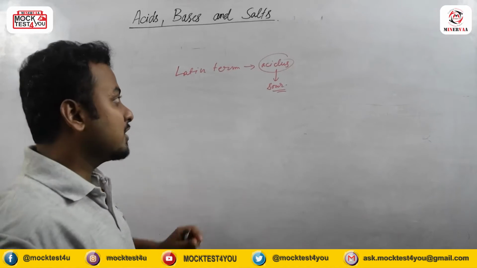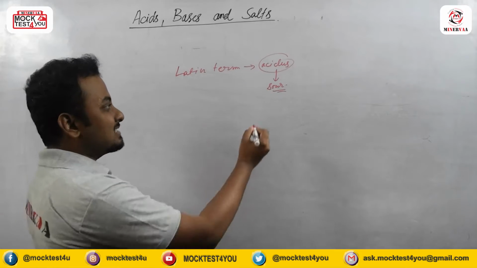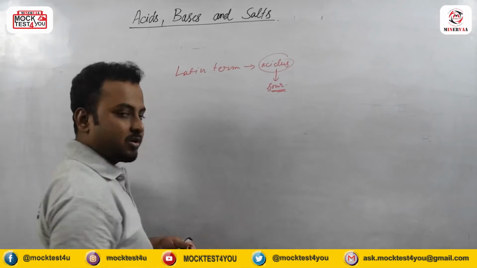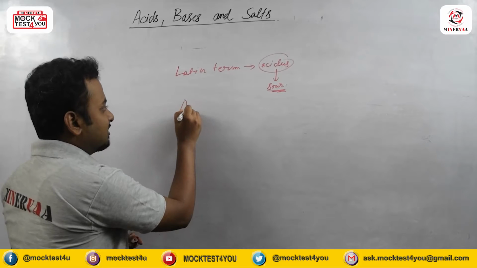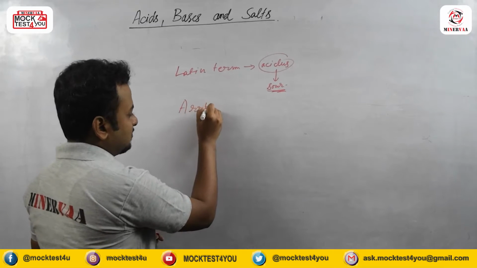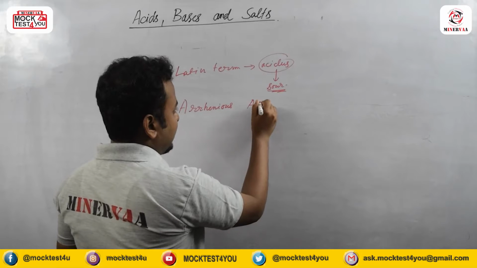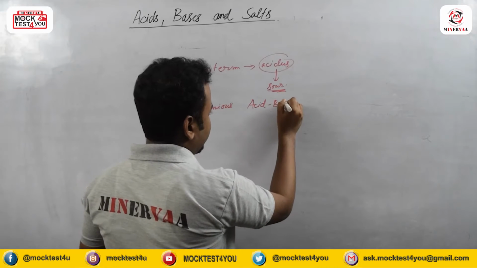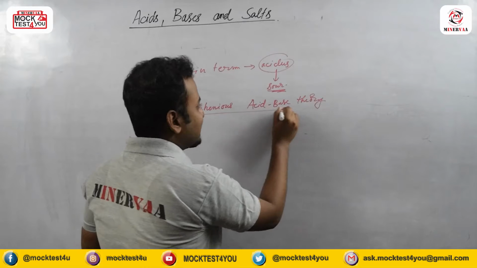According to the taste, if we would like to classify acids, acid is something which has a sour taste, right? So according to one definition, which is called the Arrhenius acid-base theory, what does it say?